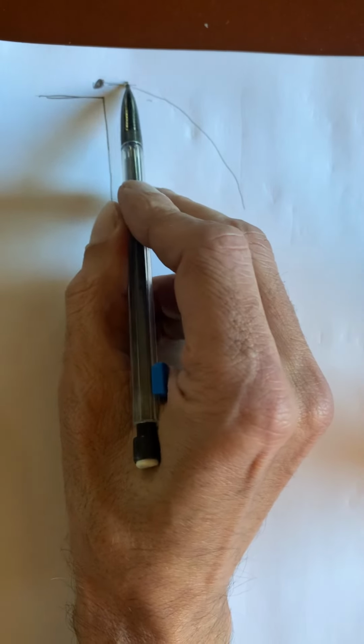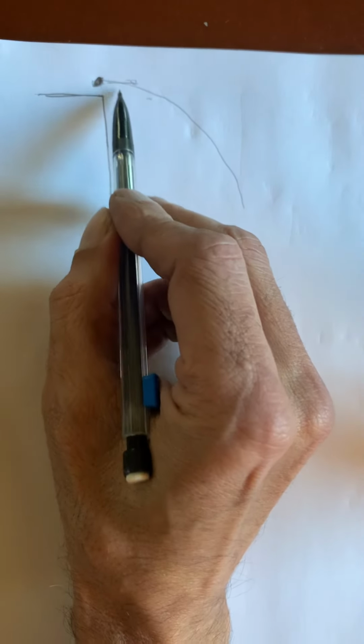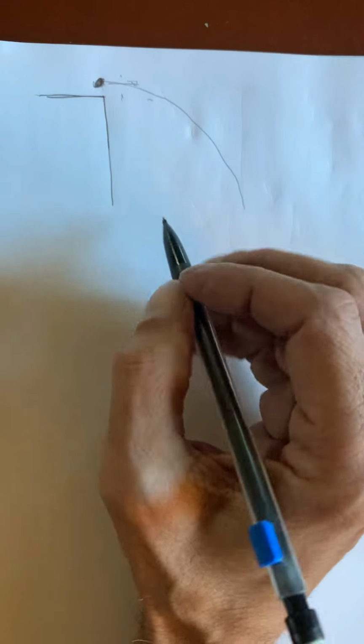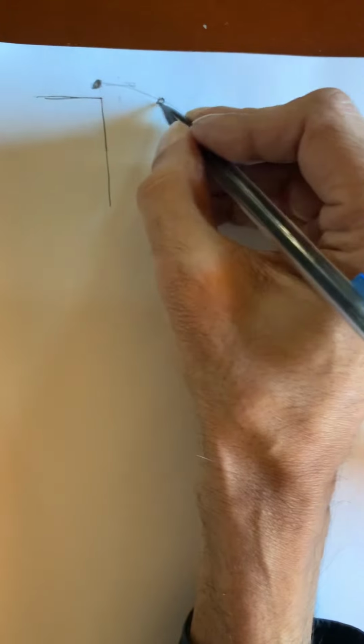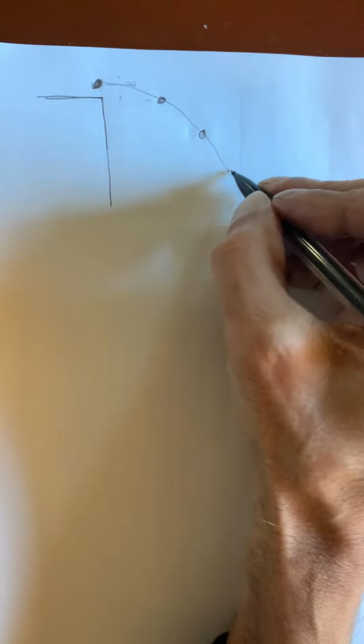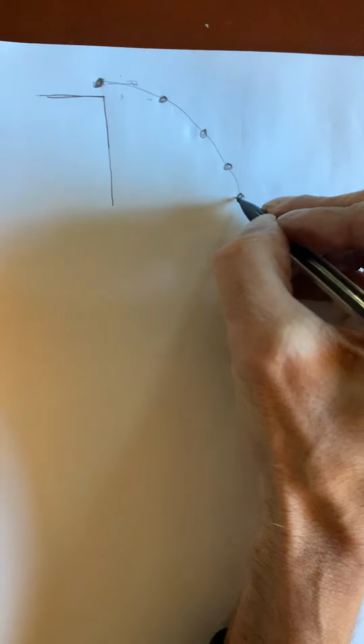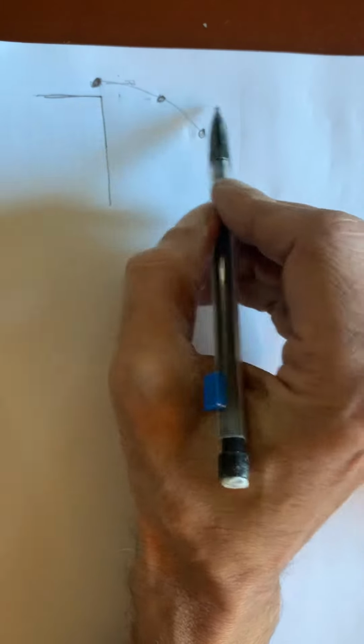I'm going to assume it's got zero velocity in the y direction as it goes over, which is why we call it a horizontal projectile. As the ball falls, there are no forces in the x direction.